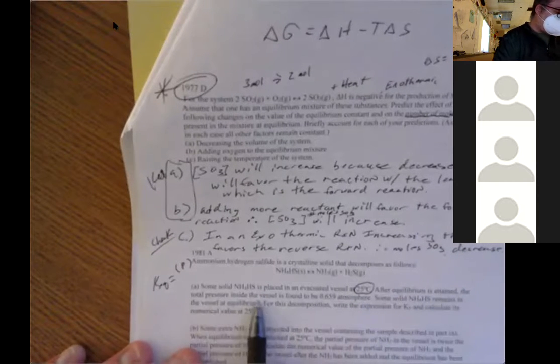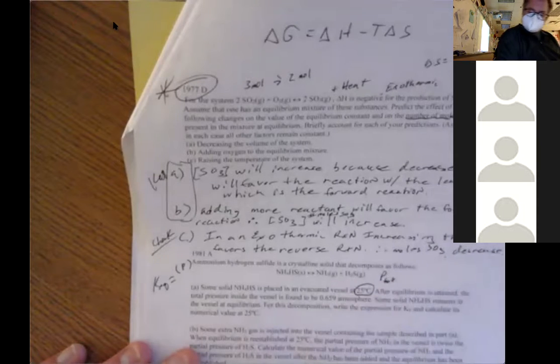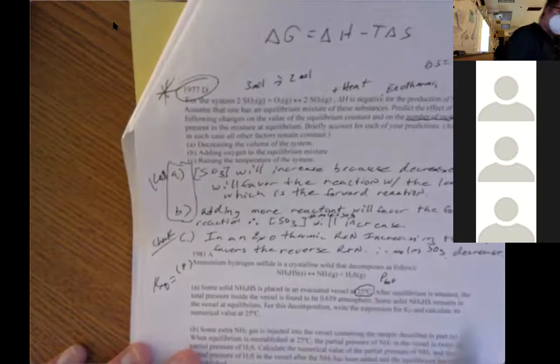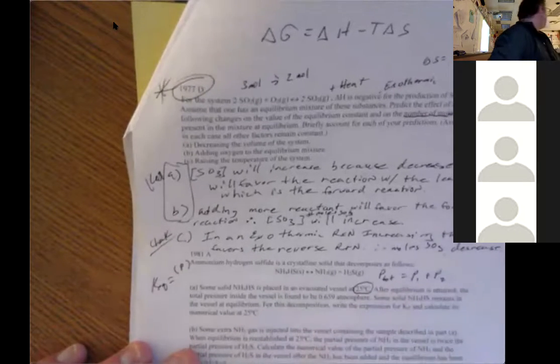After equilibrium is attained, the total pressure inside the vessel is found to be 0.659 atmosphere. This does actually use Dalton's law of partial pressures. If you recall, the total pressure is equal to the pressure of gas 1 plus the pressure of gas 2, and so on.